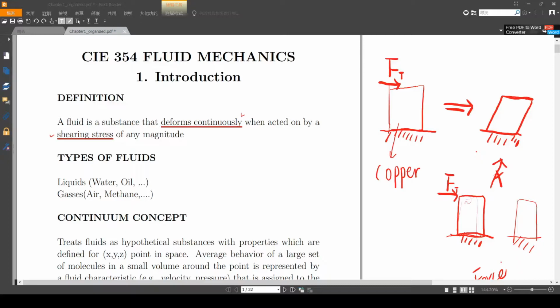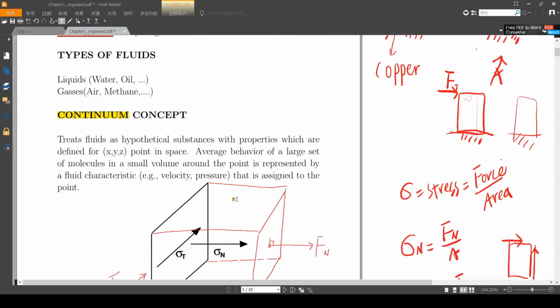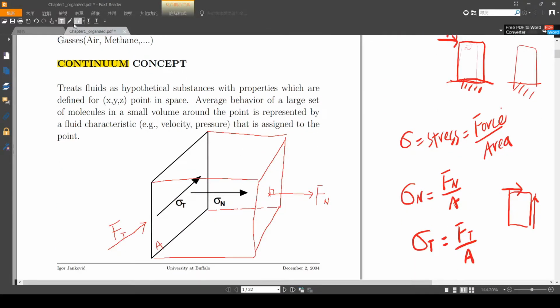Next is a very important concept when we try to analyze fluids. It is called the continuum concept. For example, if this cube is full of water, you can imagine there are numerous fluid molecules in it.